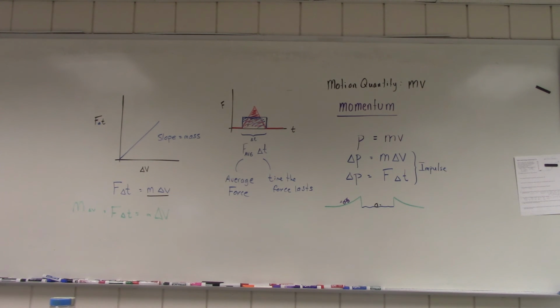So it says 2 objects A and B have identical velocity, but A has 3 times the mass. So compare the momentum between A and B. Check with your neighbor. Okay. How do you calculate the momentum of an object? P equals MV.